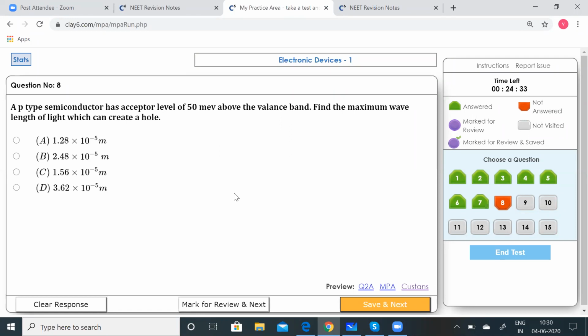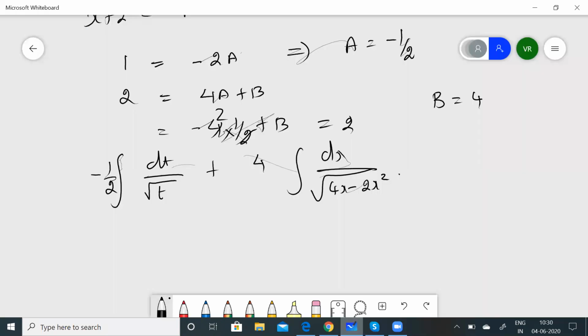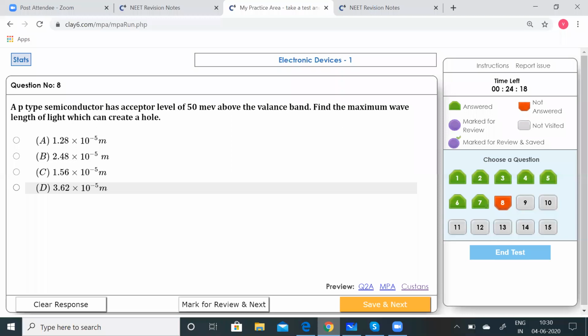Now, to create a hole, an electron must be given energy at least equal to 50 MeV. Let us read the question. Yeah, 50 MeV is needed, he says. 50 MeV to go into the acceptor level.